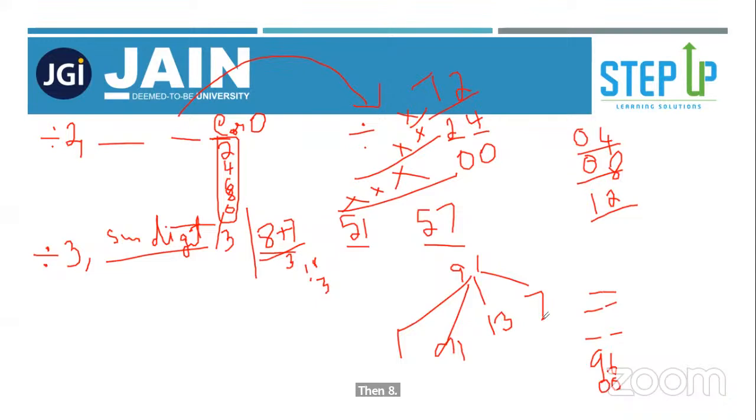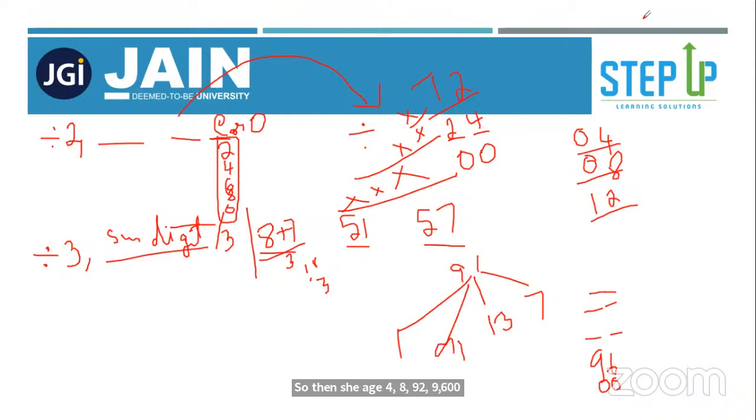12, 16, 20, 24, 28, 32, 36, 40, 44, 48, 52, 56, 60, 64, 68, 72, 76, 80, 84, 88, 92, 96, 100.